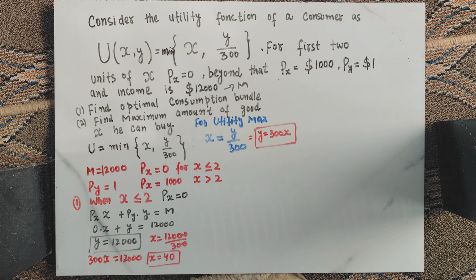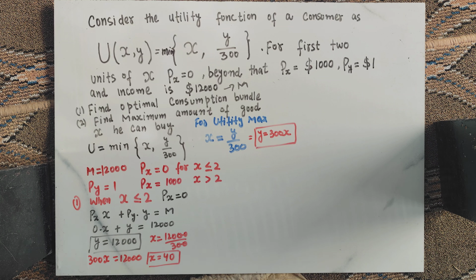So the consumer will purchase 40 units of good x, but we have assumed x is less or equal to 2, and we got the value of x as 40. Is it possible? No, it is not possible.